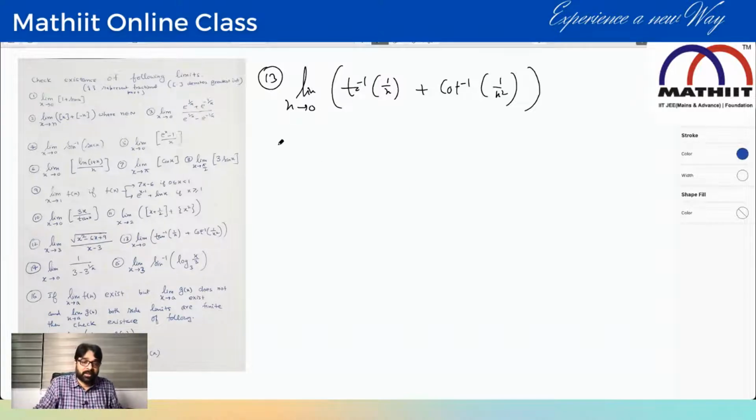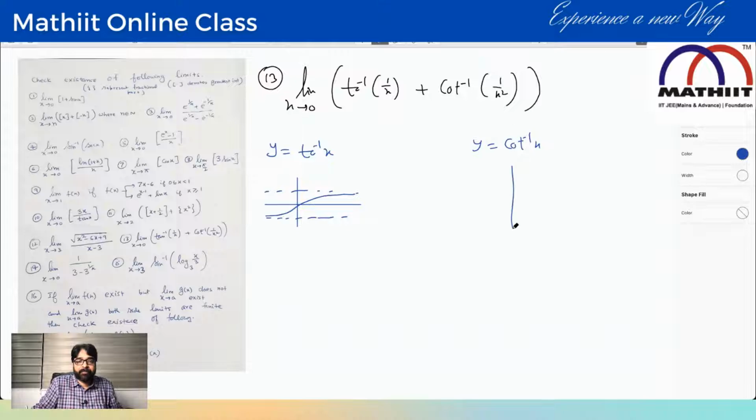Which two graphs, sir? Y equal to tan inverse x graph. Tan inverse x is a strictly increasing graph. I hope all of you attended. It's very important. And y equal to cot inverse x graph is the decreasing graph.